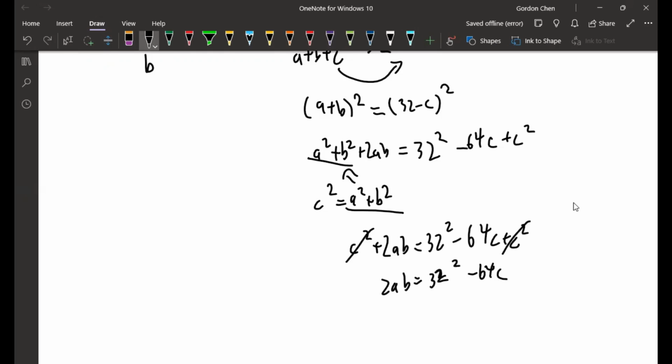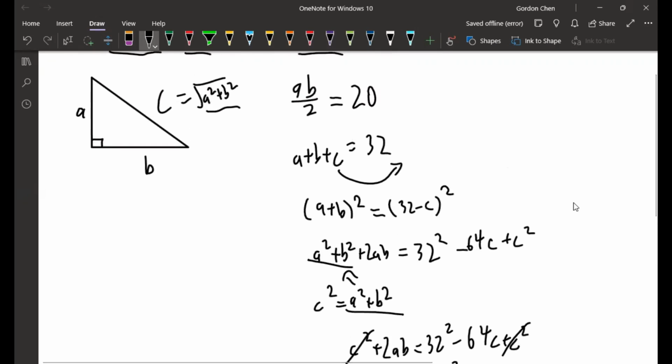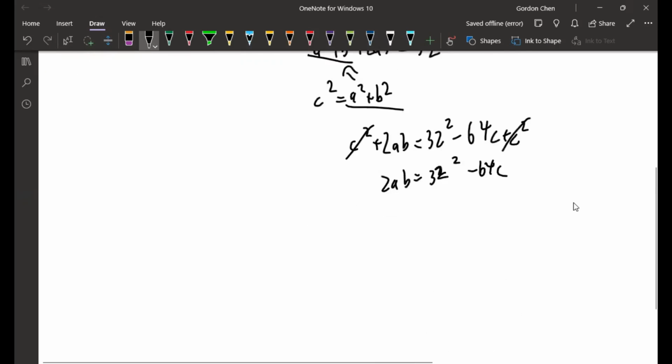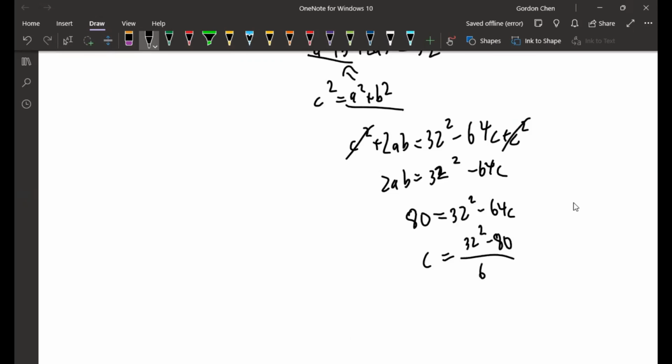And we have ab is equal to 20, and so 2ab is equal to 80, and if we plug that back in here, we have 80 equals 32 squared minus 64c, and isolating the c, we have c equals 32 squared minus 80 over 64.